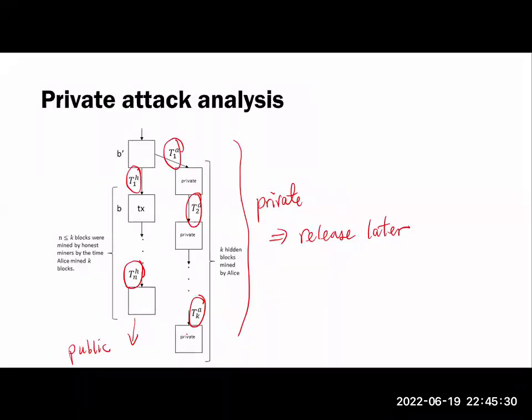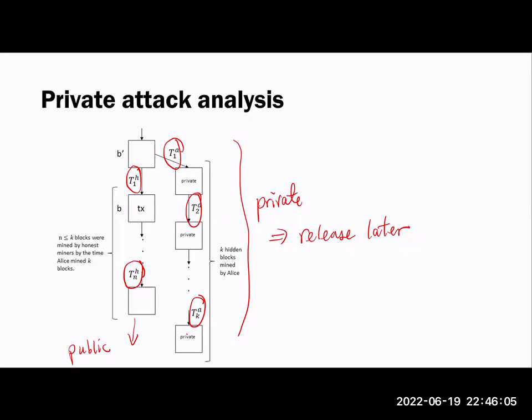So what did Nakamoto show? Let's think about Nakamoto's analysis. It showed that under some condition, the probability of a block being confirmed and then deconfirmed later by the private attack is very small by choosing K large.